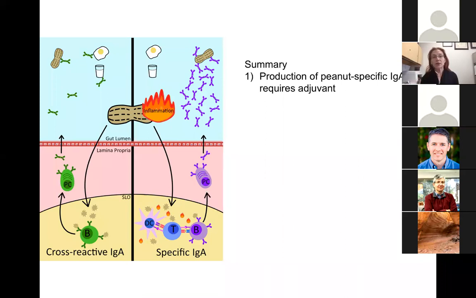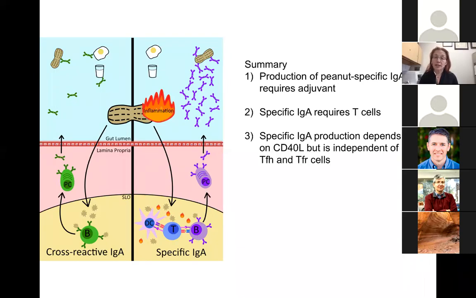Now, in contrast, when you have an inflammatory reaction induced by an adjuvant or some kind of innate immune stimulation, you get then very high levels of peanut-specific IgA. And that's shown here. You have inflammation coming in with your antigens. This induces a T-dependent B cell response that is CD40 ligand dependent.